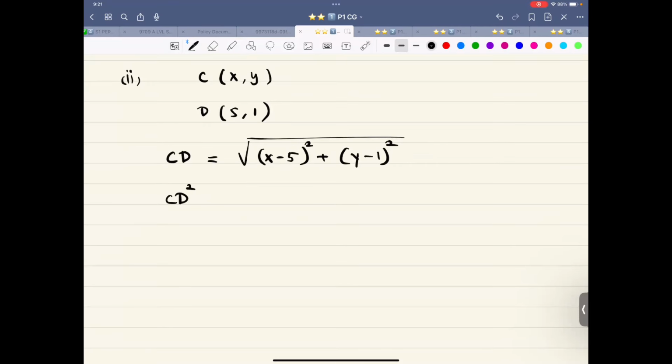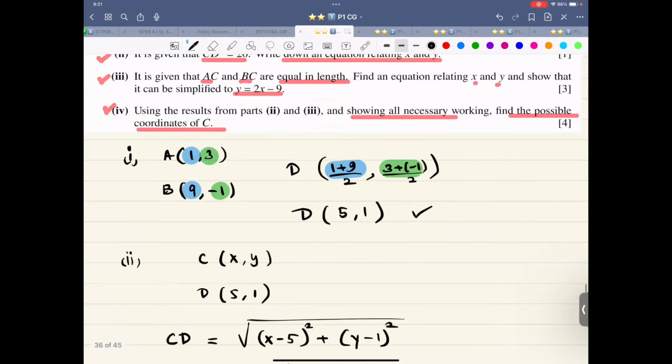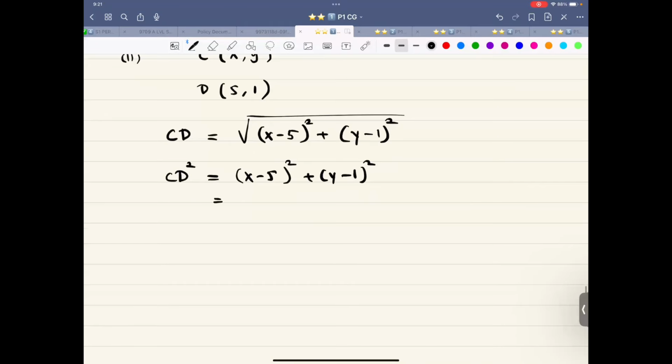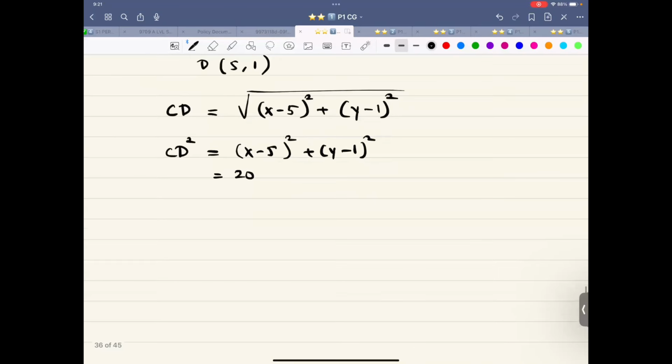So square both sides, CD square, that is x minus 5 whole square plus y minus 1 whole square, and this equals 20. So this is equation number 1. Write it in a more neat manner: x minus 5 whole square plus y minus 1 whole square is 20. This is equation number 1.